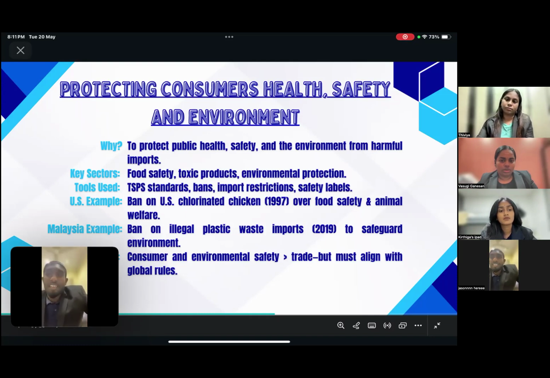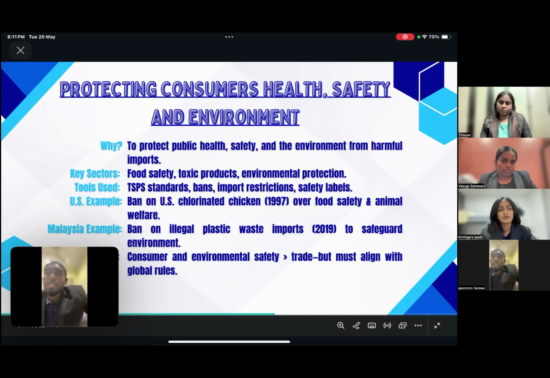Countries address these challenges through various tools. Sanitary and phytosanitary measures are used to protect human, animal, and plant health, while technical barriers to trade, TBT regulations, include safety standards and labeling requirements.